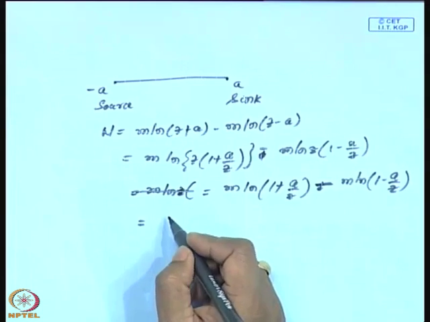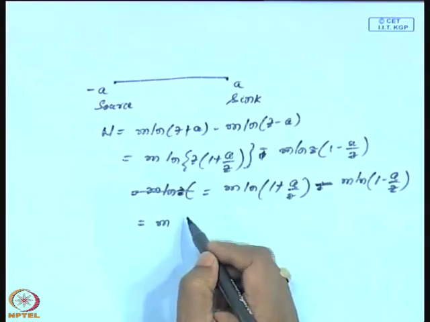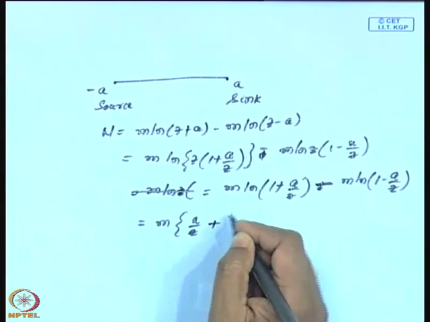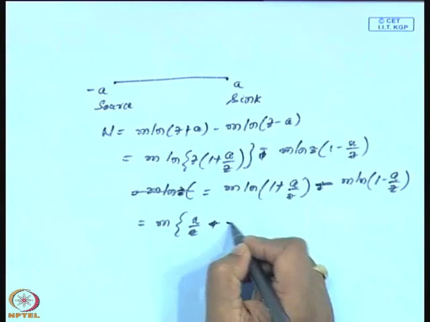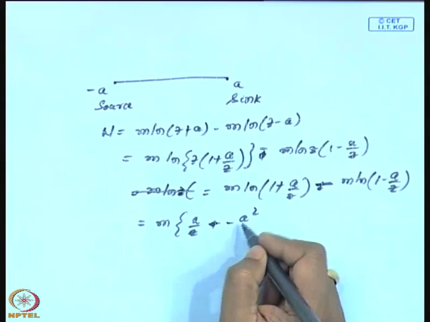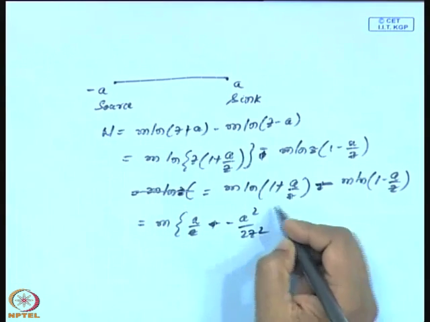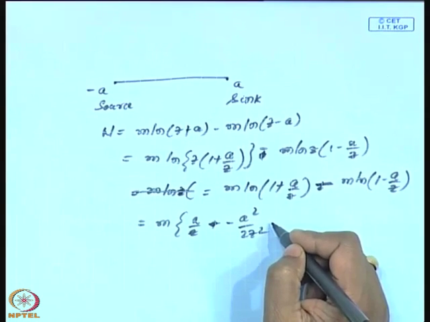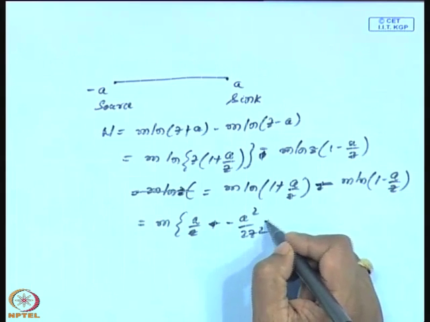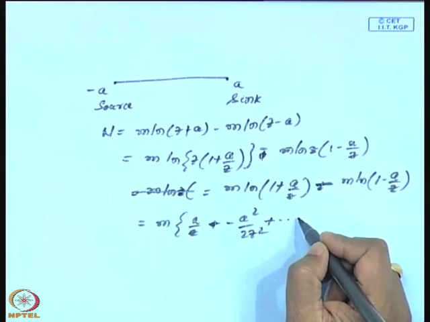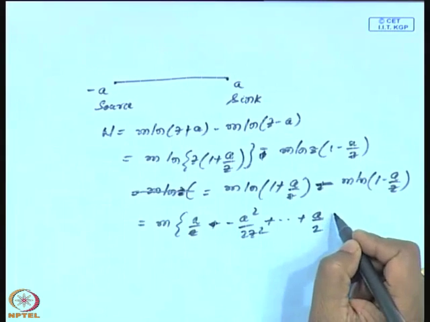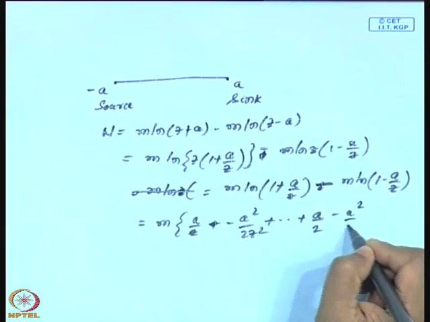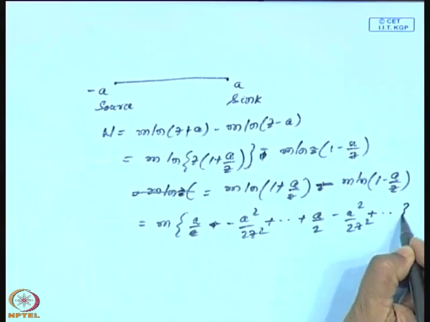So, what I will do, I will expand it. If I expand it in a Taylor series, then I will get A by z plus, or rather the second term will be minus A square by 2 z square plus higher order terms here, then plus A by z minus A square by 2 z square plus the higher terms.